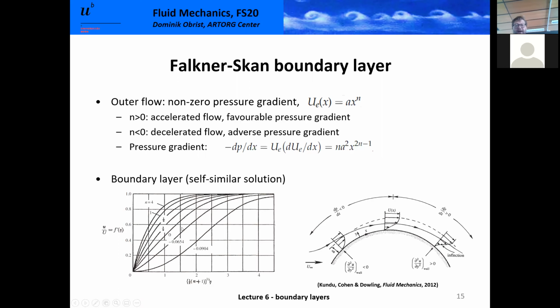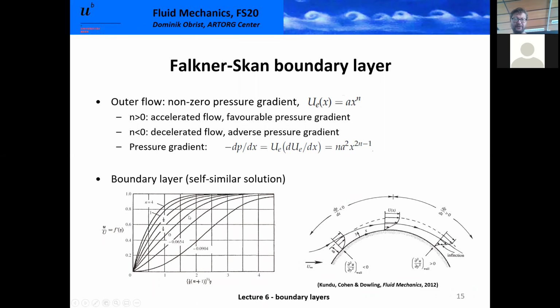These are boundary layer solutions, again shown in this self-similar shape function f prime, just as Blasius did it. It's now shown for the Falkner-Skan boundary layers, and again with a normalized coordinate. And you see here in the middle there is a curve for n=0.